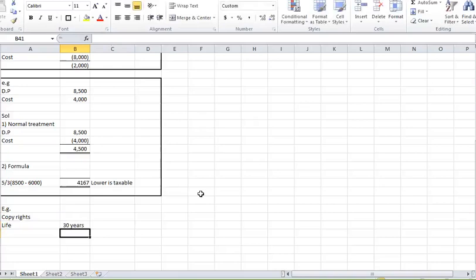The useful life of these copyrights is say 30 years. Or say, for example, we have purchased software as well. Our cost is say 40,000.